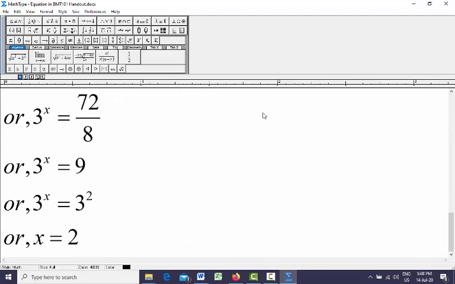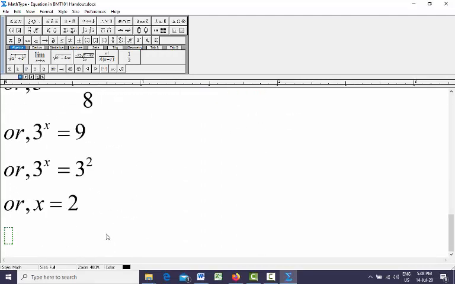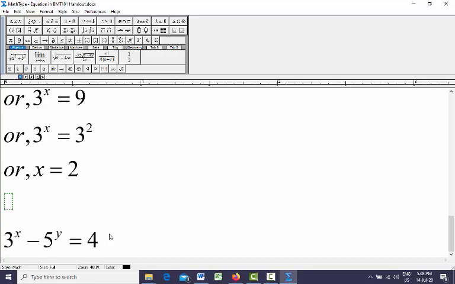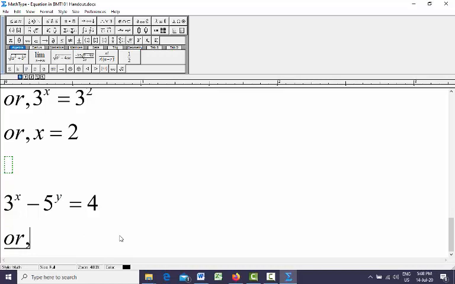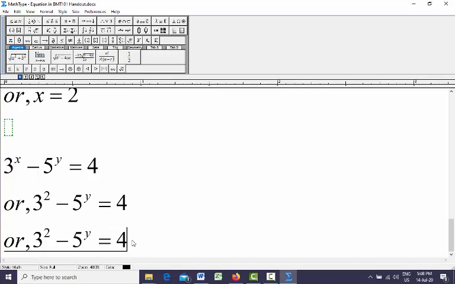So now we will use this equation. The value of x is 2. Other than that, everything else can remain the same. So 3 square, we know that 3 square means 9.